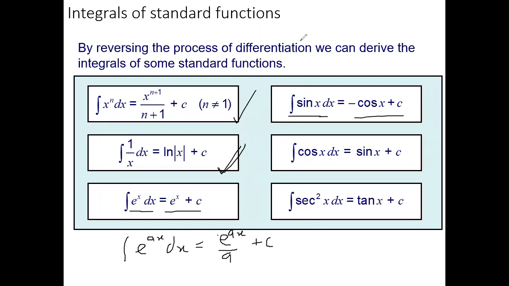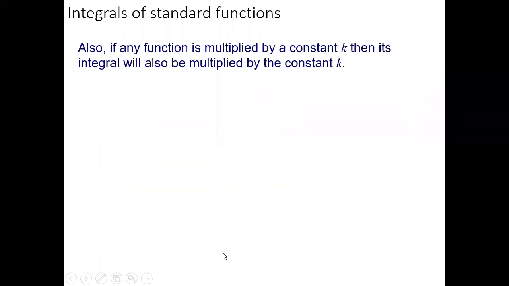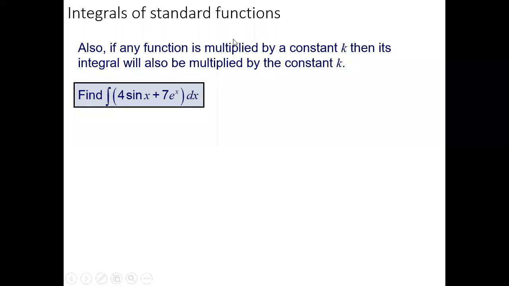So let's try some examples on what we have just looked at. Okay, so we have a nice question like what you have here. We have to integrate 4 sine x plus 7e^x dx.